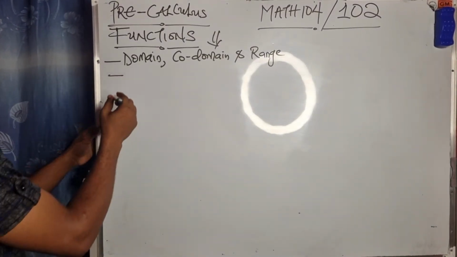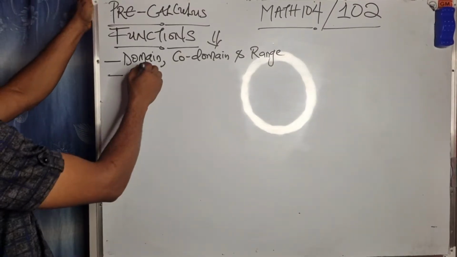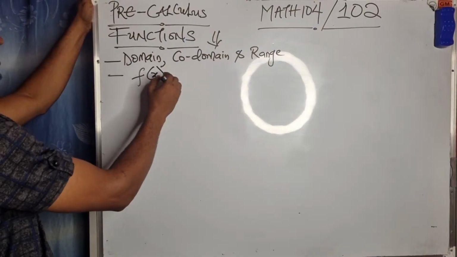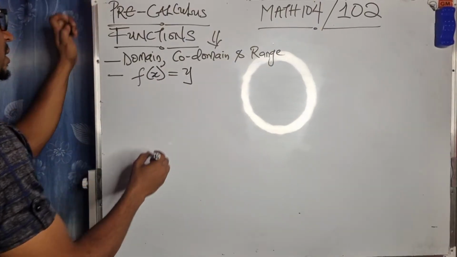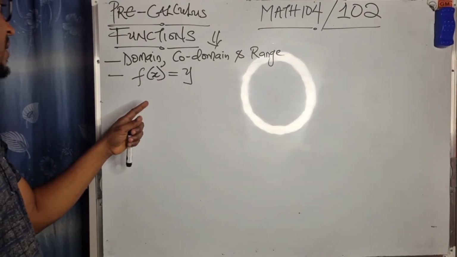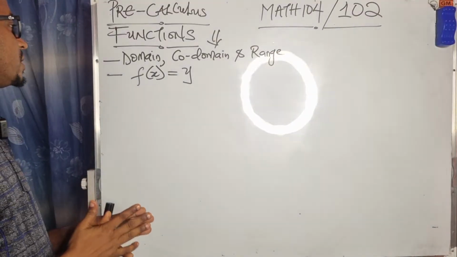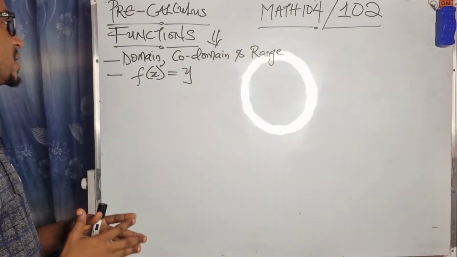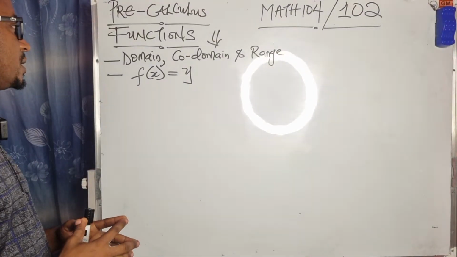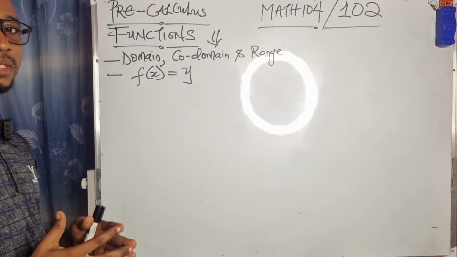Then we also talked about the general way of expressing a function: f of x equals y. F here represents function, x represents the input values, which are also called the permissible values or the independent variable.